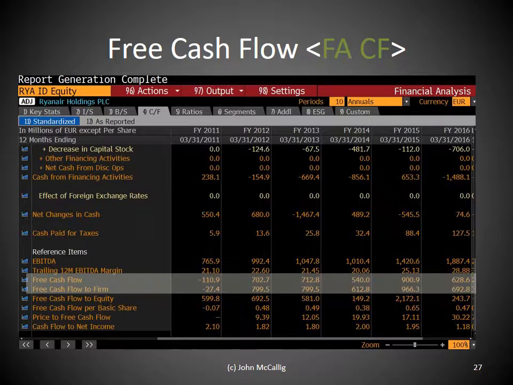On Bloomberg, you can get more on cash flows, or get a time series of cash flows into the past by looking at FA, Financial Analysis CF, or else go into FA and select the CF tab. Further up the screen, there's all the details about cash flow, but Bloomberg then works out free cash flow over here and free cash flow to the firm over there, 692.8.